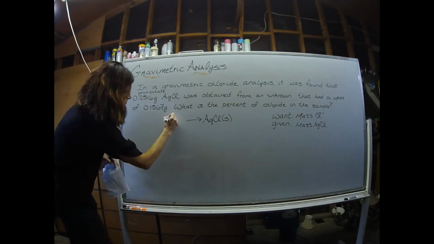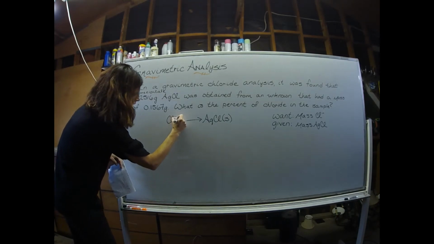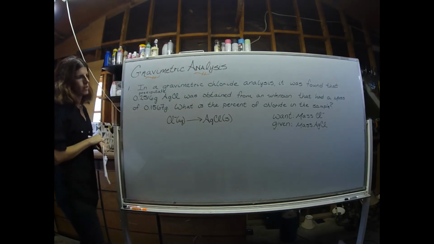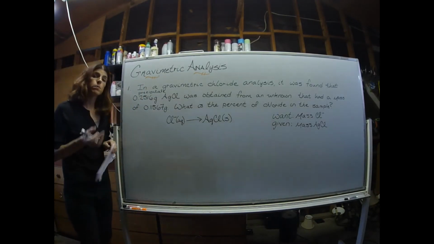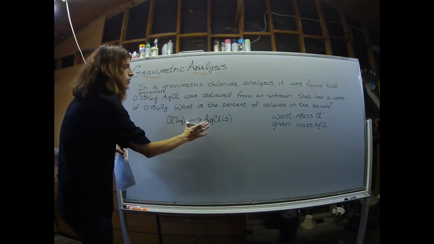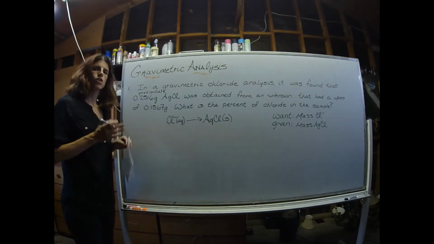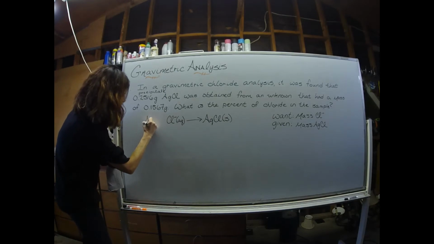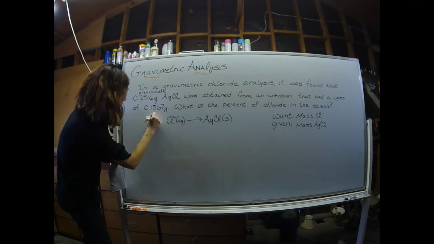And chloride has to be a reactant because that's what we're interested in. And in this particular technique, they used silver ions to cause the chloride to precipitate out. So we'll do Ag+.